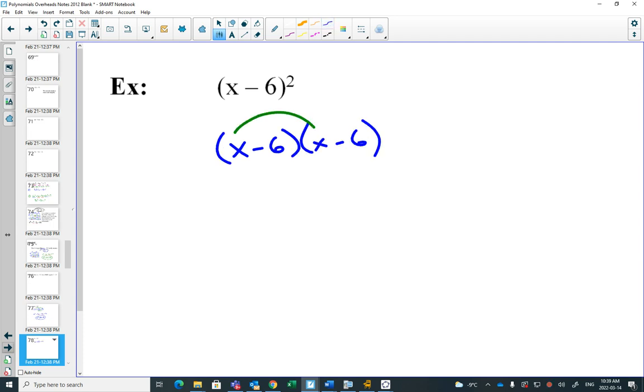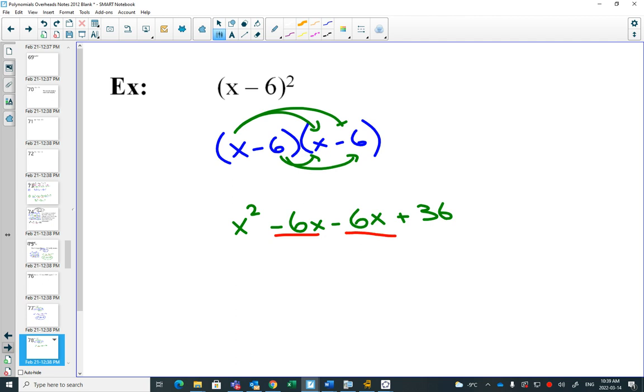If I draw the arrows, first, outside, inside, last, I'll get x squared minus 6x minus 6x plus 36. These ones are like terms. And we get that as a second answer.